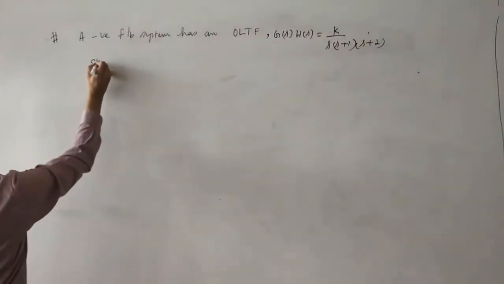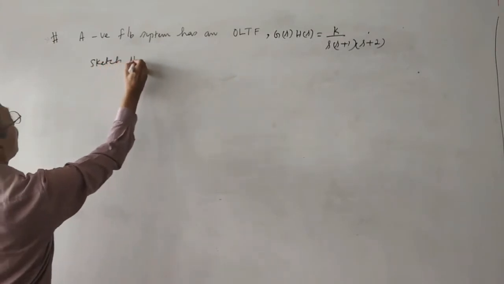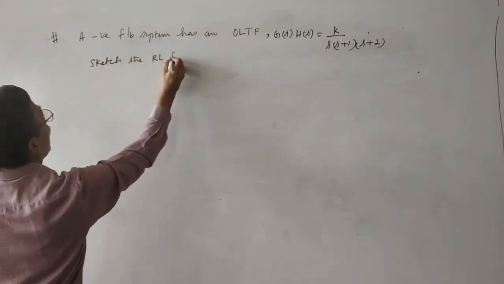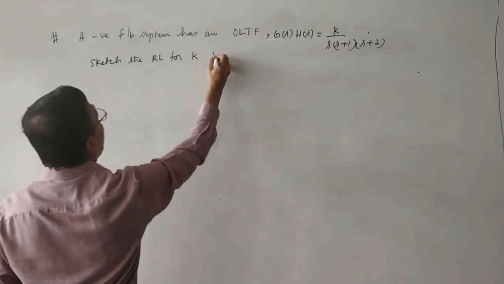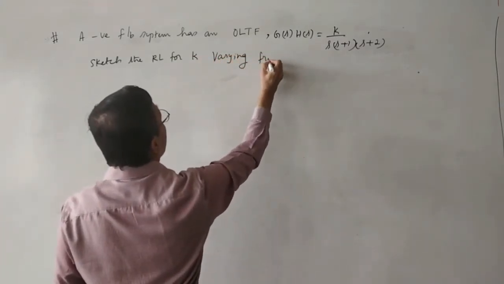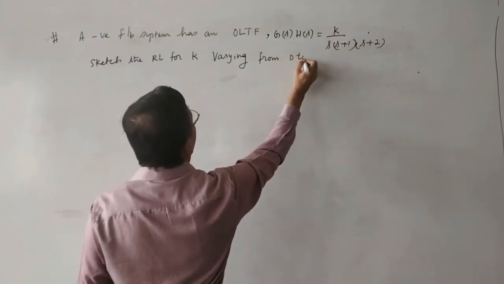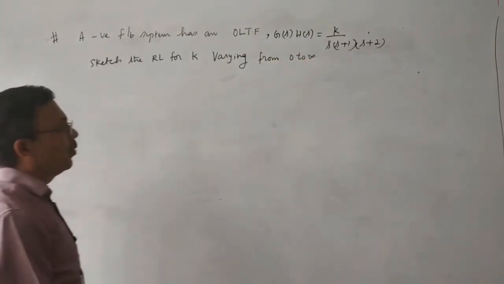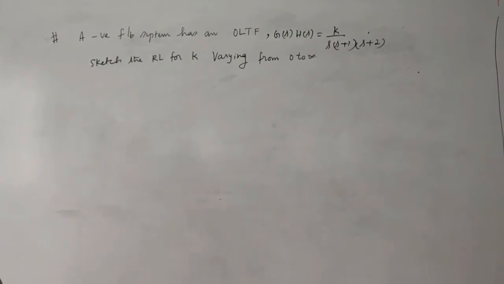Sketch the root locus for k varying from 0 to infinity. Very simple problem. With this problem, I'll explain you the concept.